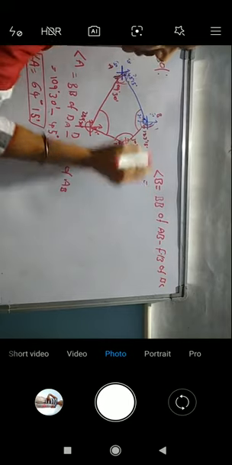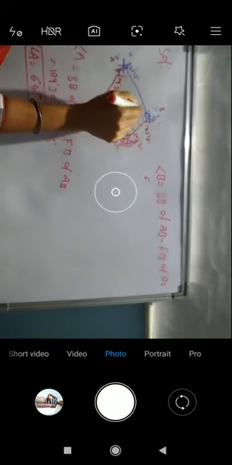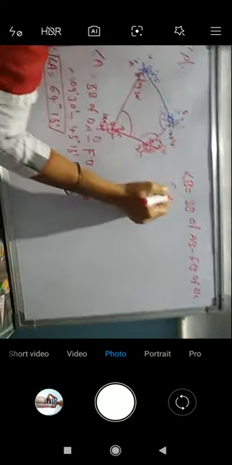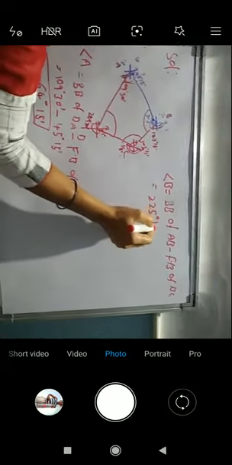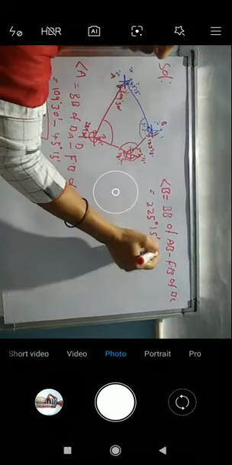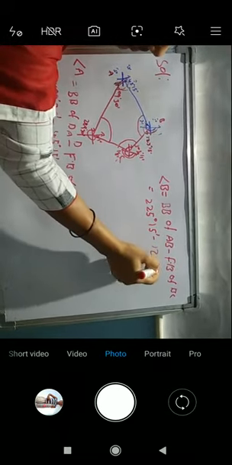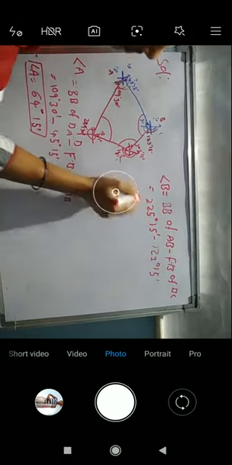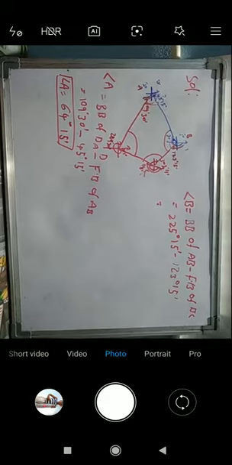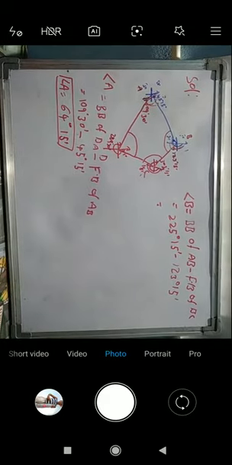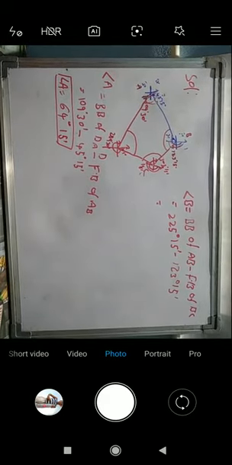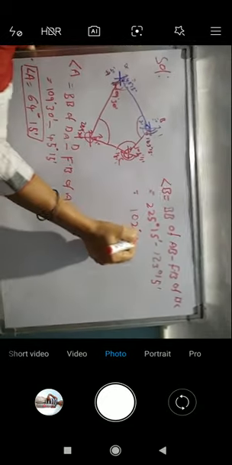Back bearing of AB is 225 degrees 15 minutes minus forebearing of BC, 123 degrees 15 minutes. So this is 102 degrees 00 minutes.